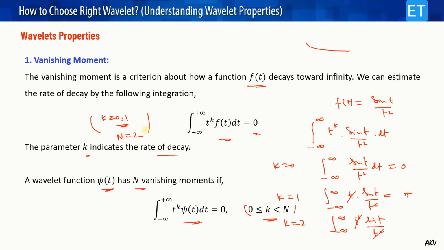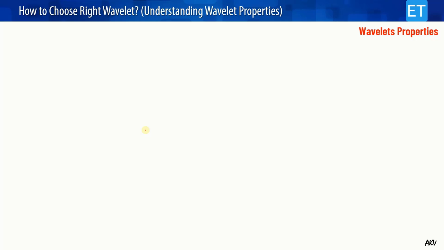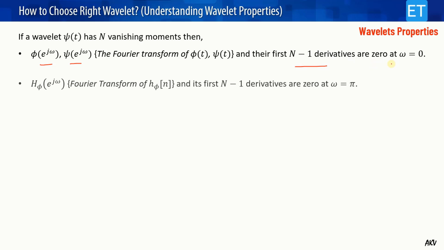So this is a very important property which shows how fast a wavelet function decays in time. On the basis of that, we have a few observations. The Fourier transform of both phi t and psi t, I mean the scaling function and the wavelet function, have their first n minus 1 derivatives equal to 0 at omega equal to 0.